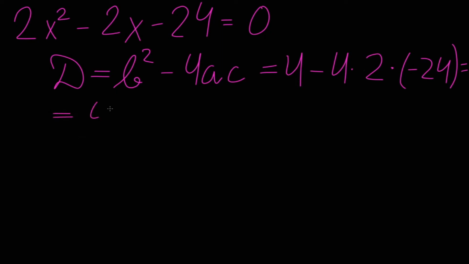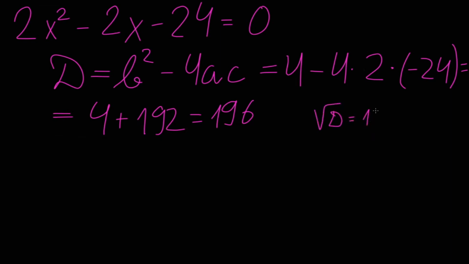This will be 4 minus 4 times 2 is 8, 8 times 24 is 192, and that will give us 196, which is a very good discriminant because the square root of this discriminant is 14.